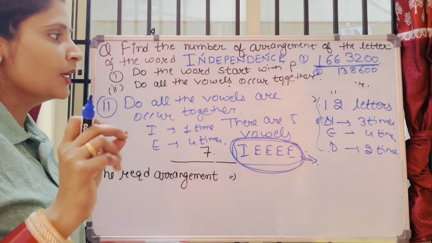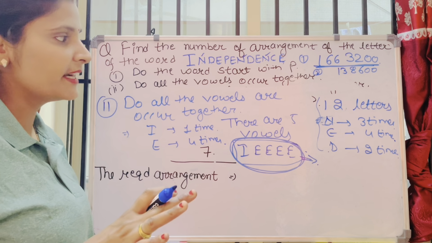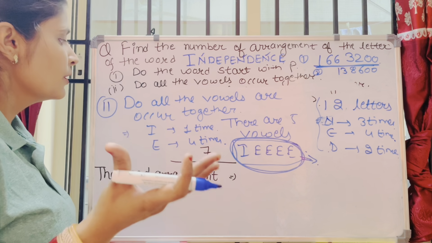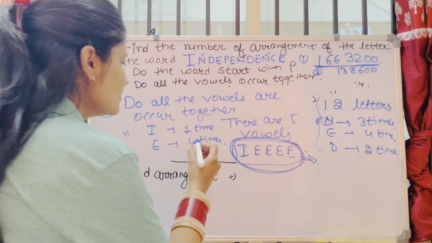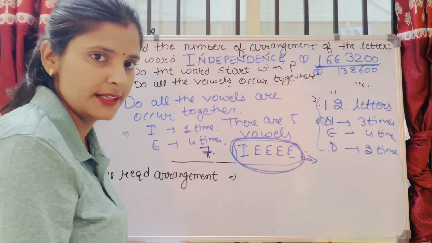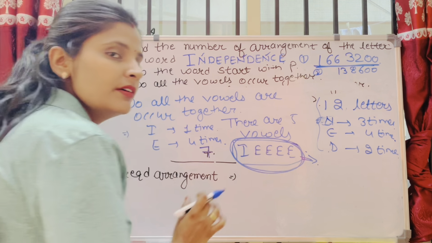There are 12 letters. Out of 12 letters, 5 letters are vowels. So the remaining letters are consonants. How many remaining letters are there? There are 7 remaining letters. 7 plus 5, that is 12 letters, right? So there are 7 consonants and 5 vowels.